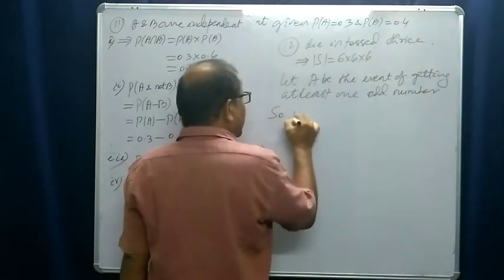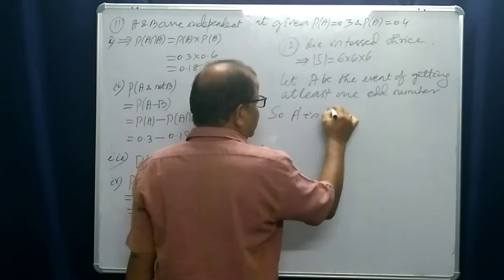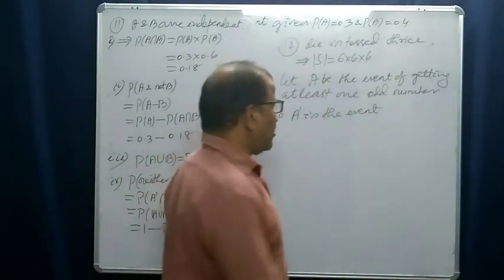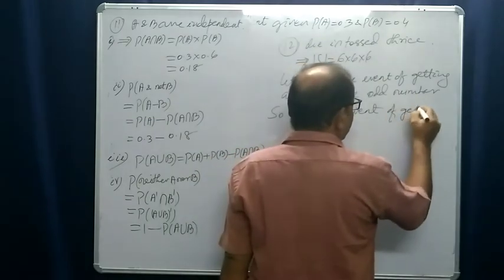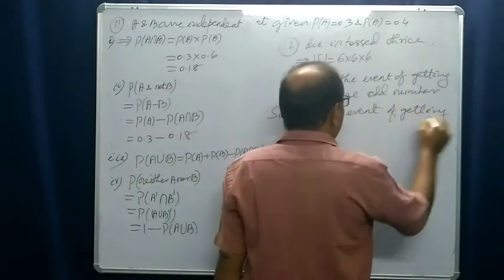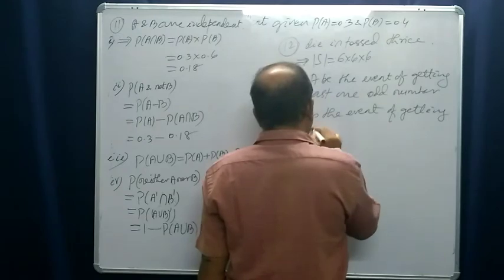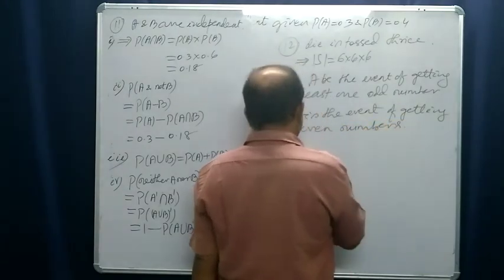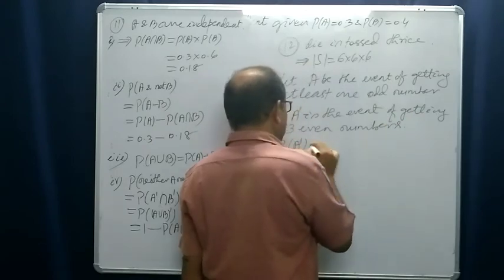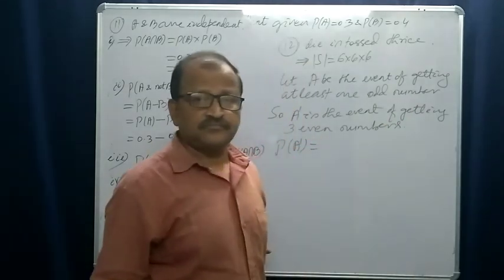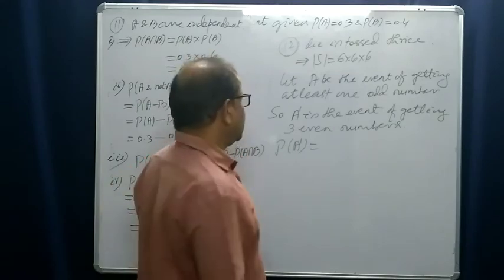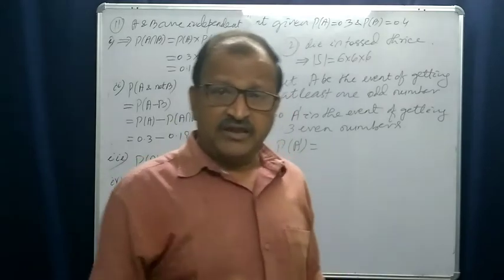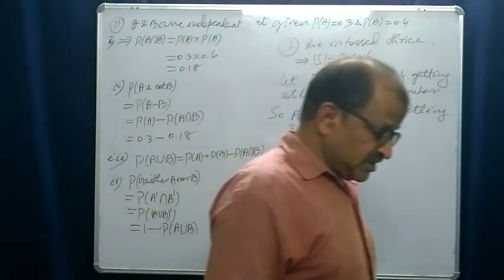Then A dash, the complement of A, is the event of getting 3 even numbers. Probability of A dash will be what? How many even numbers are there? There are 3 even numbers in a die.